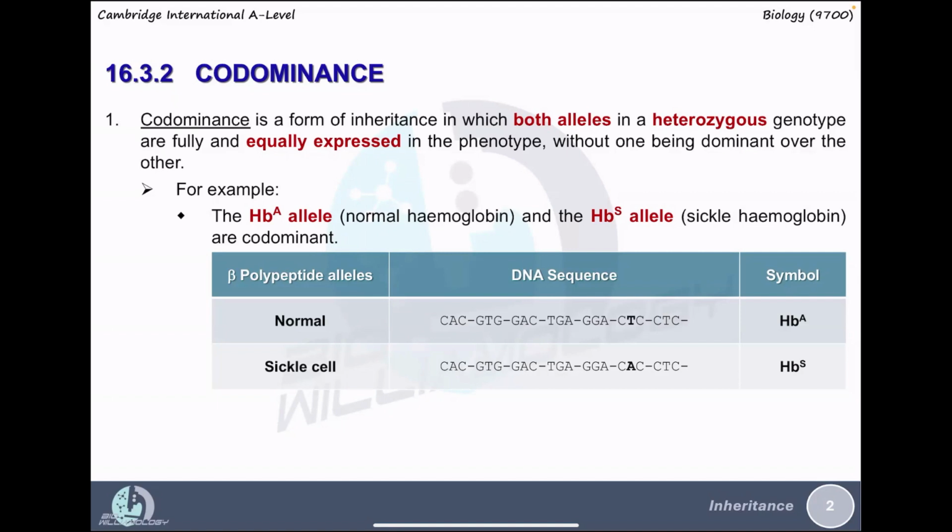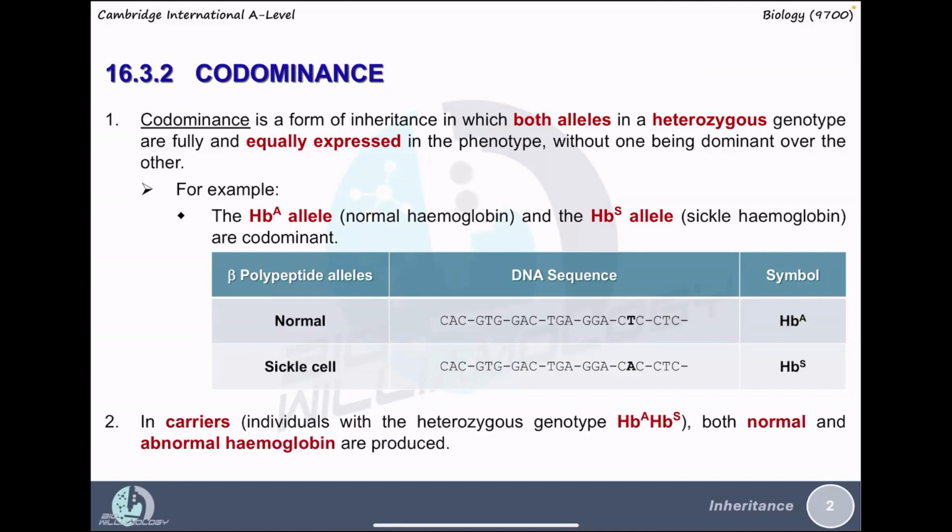But due to a single base substitution, these two alleles are given different symbols. The normal beta polypeptide allele is given HBA, and the sickle cell allele is given the symbol HBS, and both alleles are codominant.